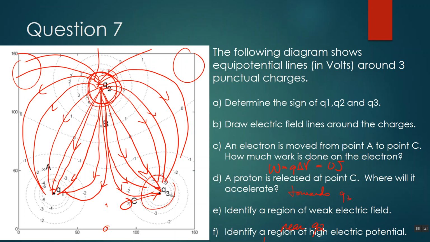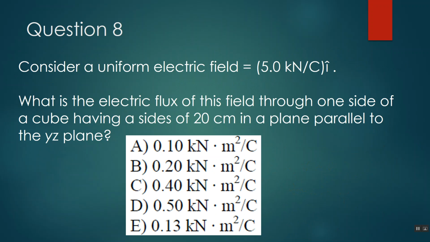Okay, question 8, you guys do on your own. Let's go. Consider a uniform electric field. What is the electric flux of this field? Is that unit vector i, like in ijk?